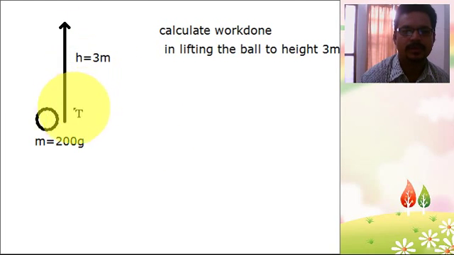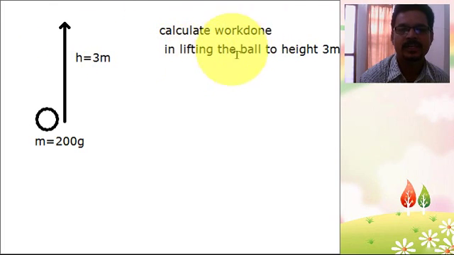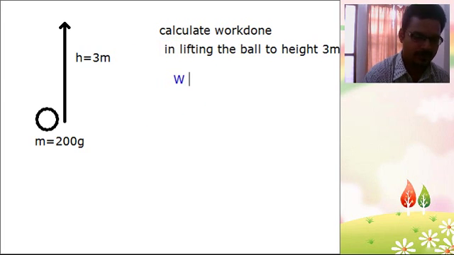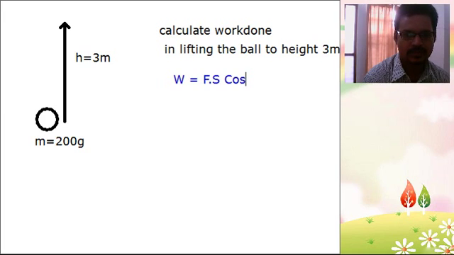Now see this numerical. There is a ball of mass 200 grams which is lifted up to a height of 3 meters, or you can say it's thrown up to a height of 3 meters. Now you can calculate the amount of work done in lifting the ball to a height of 3 meters. So the work done formula, W equals F into S cos theta.